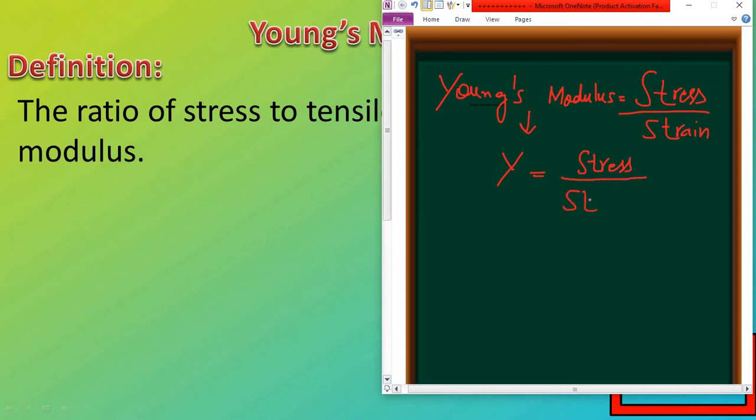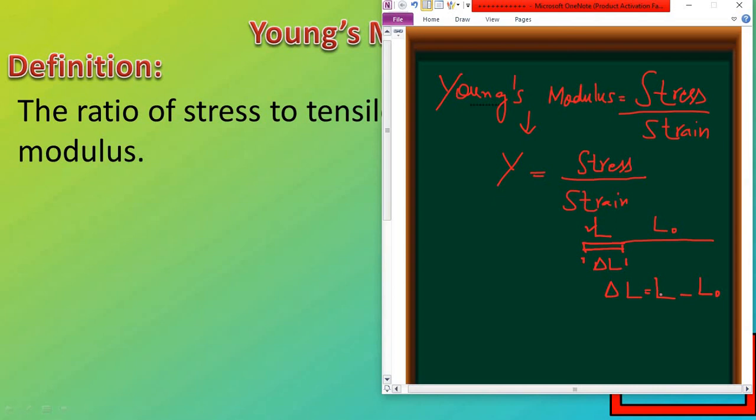If I take a rod whose original length is L, if I apply the force and its length is changed, and I take that total length as L, then the change in length is del L. So del L is equal to the new length minus the original length, that is L minus L naught.